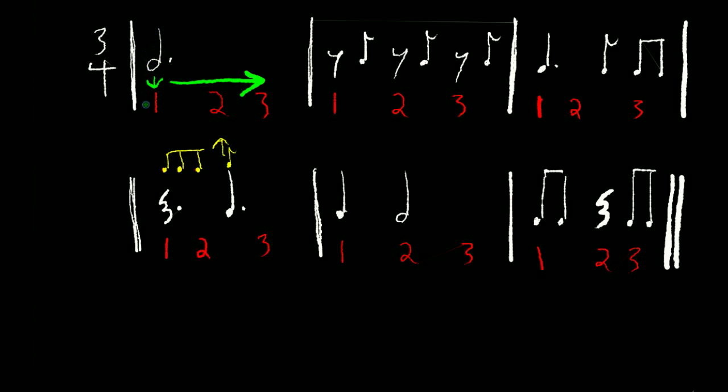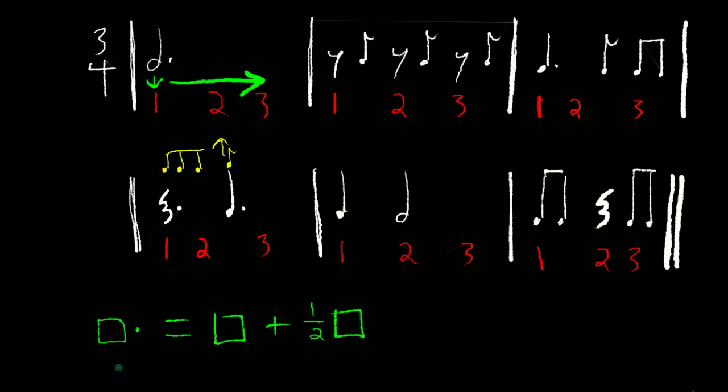So what is a dotted half note? Well, like we said, if you have something with a rhythmic value dot, that is equal to whatever that something was, plus an additional half.